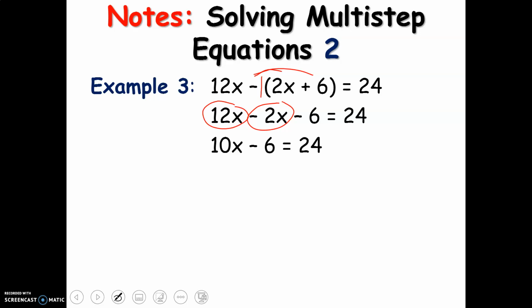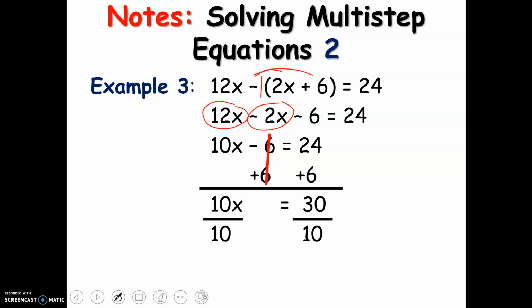The opposite of minus 6 is plus 6, so we add 6 to both sides of the equation. On the left, we have negative 6 plus 6, or 0. On the right-hand side, we have 24 plus 6, or 30. Dividing both sides of the equation by 10 gives us 10 divided by 10 on the left, or 1x, or x, and on the right, 30 divided by 10, or 3.